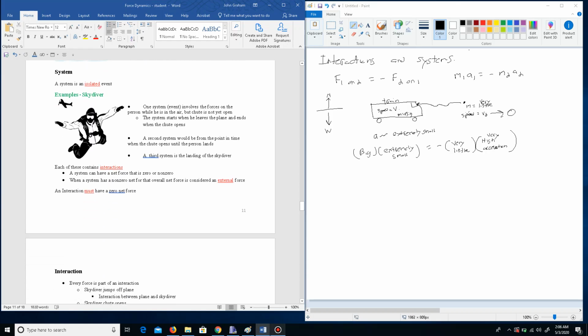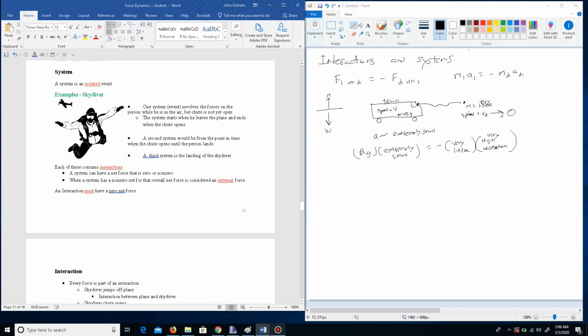So when we think of a system, we're thinking of isolated events. This would be an isolated event. Another one, if we look at a skydiver, we'll look at each small interaction. One system may involve the forces on the person while he is in the air, but the chute isn't open yet.